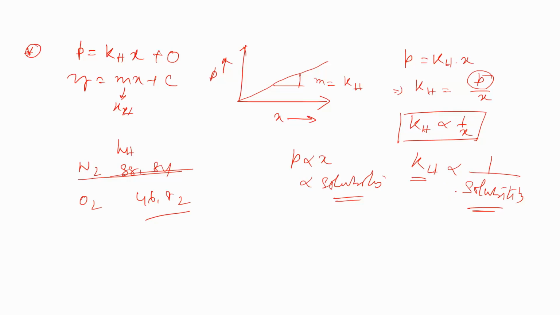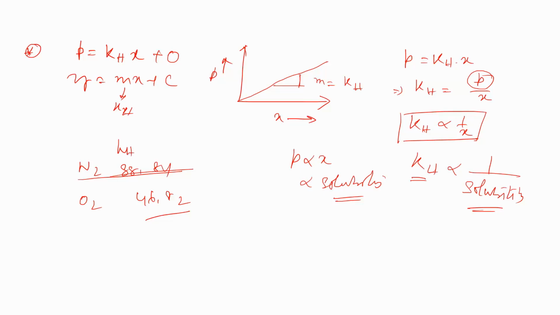Because KH, Henry's constant, is specific to each gas. For a particular gas it has a particular value, and from that value we can say whether it is highly soluble or less soluble. When the KH value is high, it is less soluble. When the KH value is low, it is highly soluble.